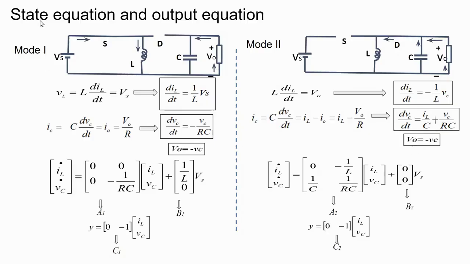Now we are going to write the state equation and the output equation for buck-boost converter. During mode 1, switch S is in the on condition and diode is in the off condition.